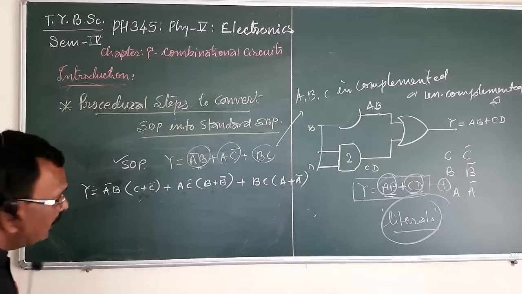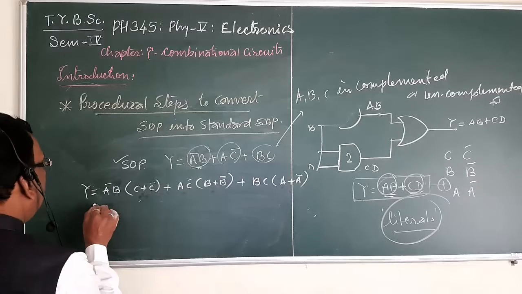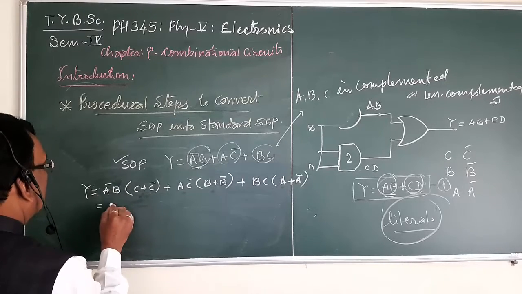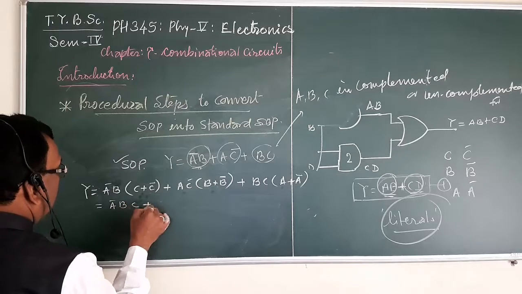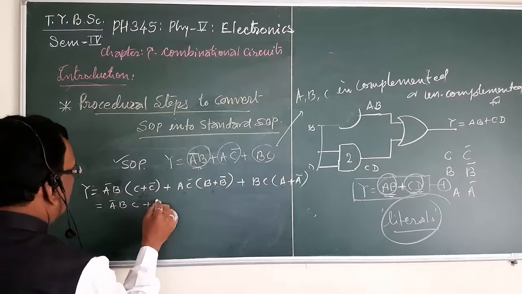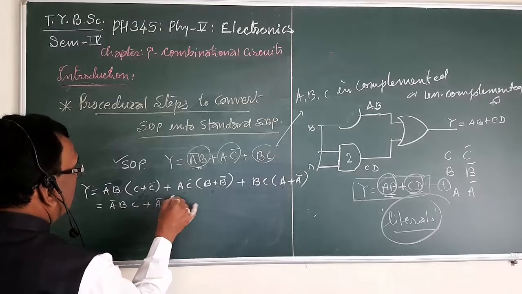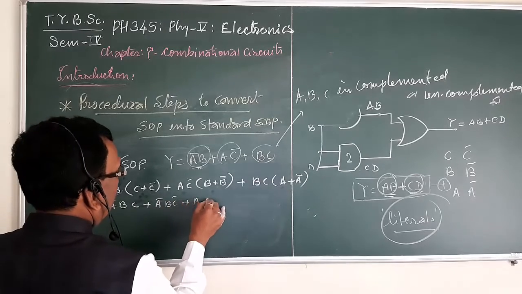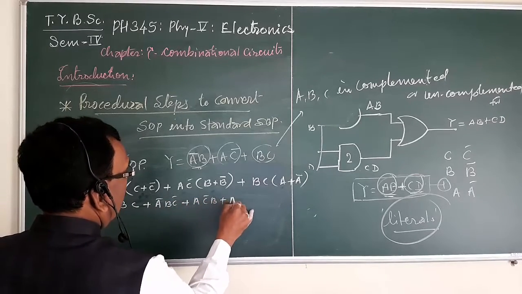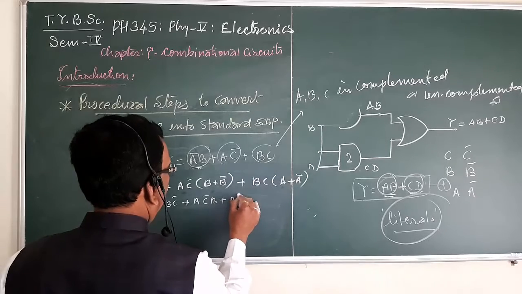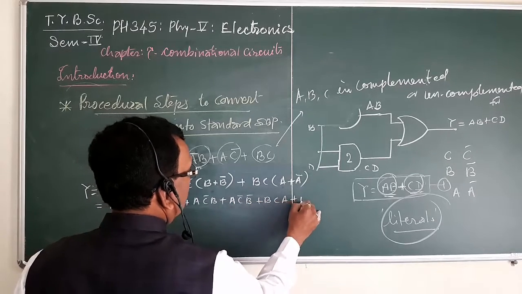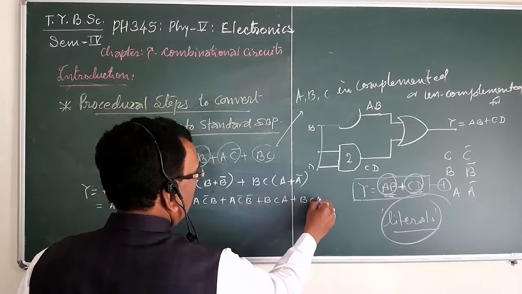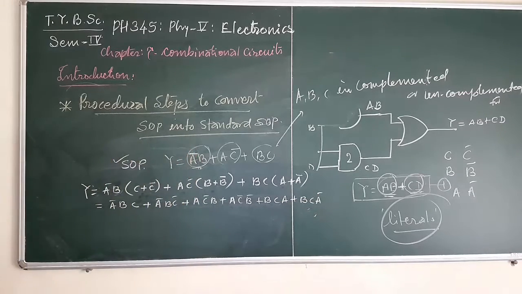So when we multiply, now simply take the product: A bar B C plus A bar B C bar plus A C bar B plus A C bar B bar plus B C A plus B C A bar. Okay.